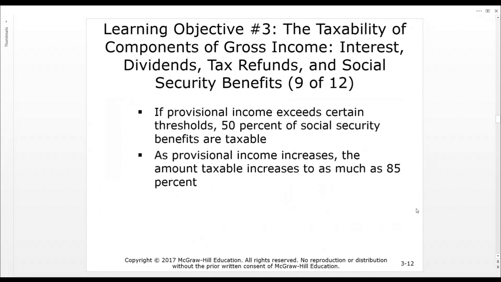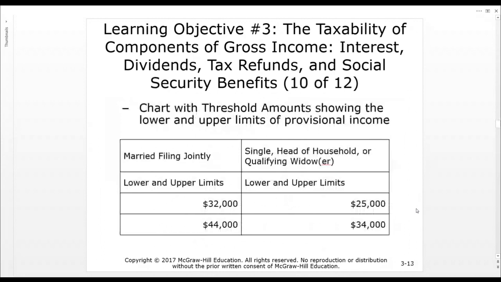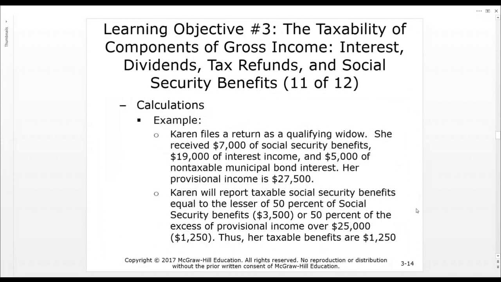So it's saying here, if provisional income exceeds certain thresholds, 50% of Social Security benefits are taxable, right? So I'm going to give you an example here. Karen files a return as a qualifying widow. She received $7,000 of Social Security benefits, $19,000 of interest income, and $5,000 of non-taxable municipal bond interest.